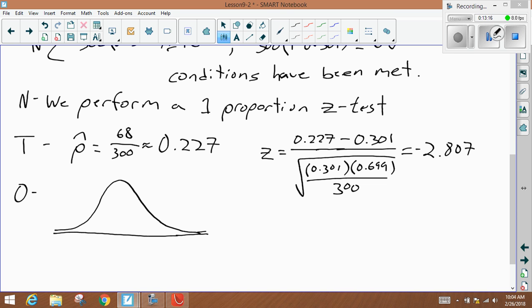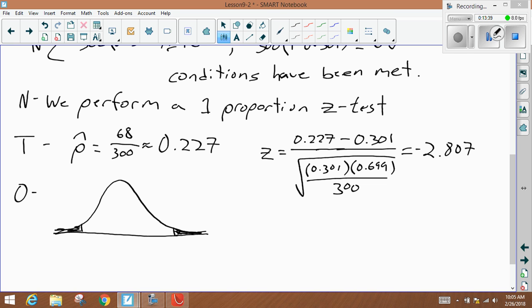It's going to look like we are looking for a two-tail probability, right? So if you're going to your table to do this, you would find negative 2.807 on your table, and you would multiply that times 2, right?